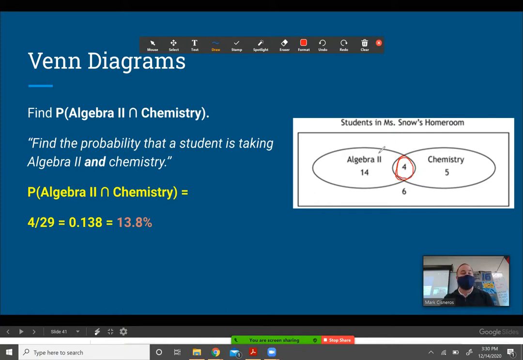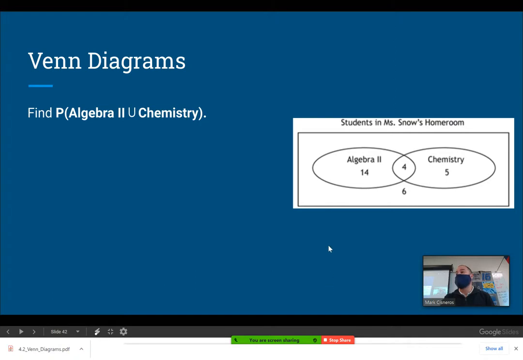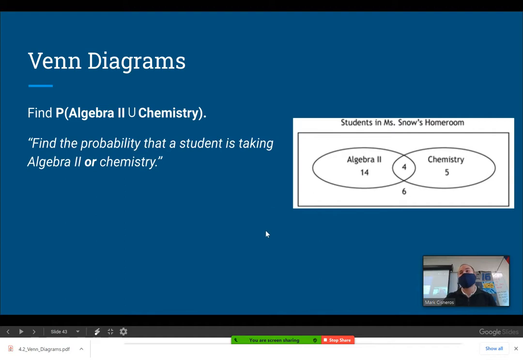Make sense? All right, let me reword this next question. Watch what happens. This flipped. What is this now? This is 'or'. Algebra 2 or Chemistry. Now, Ethan, what is the fraction for this one? This is the 23. This is all of them together over here, not including the 6. So 23 out of 29.